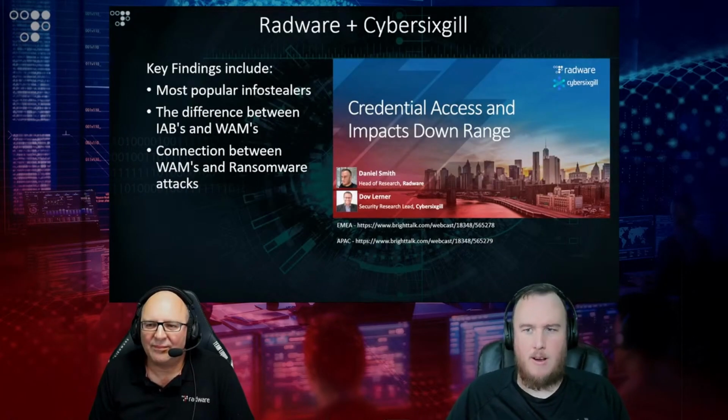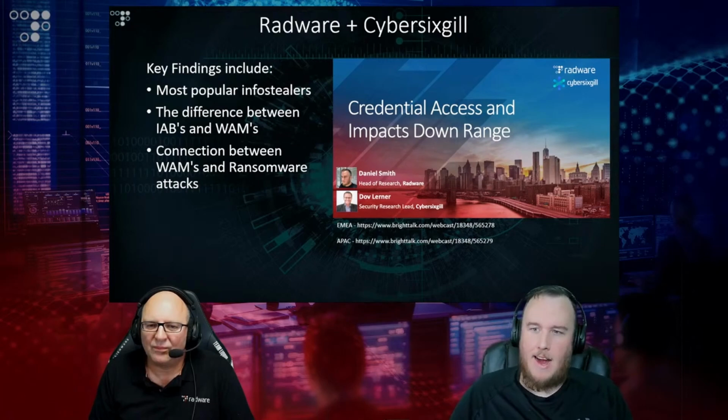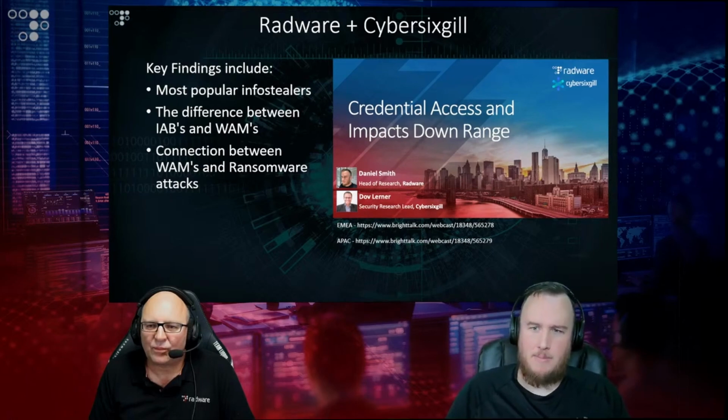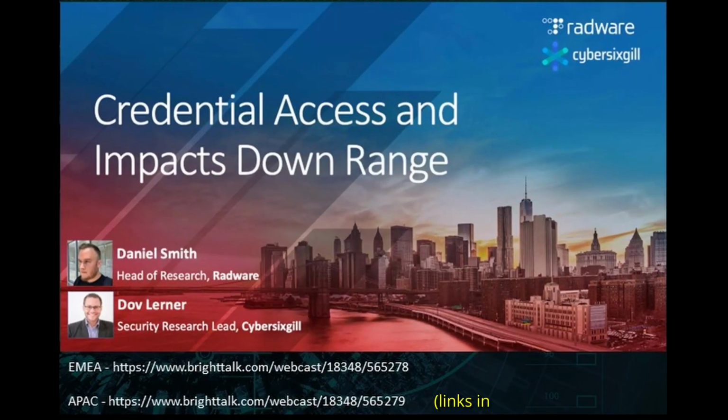If you want to find out more about these information stealers and the impacts that they have downrange, like ransomware attacks, I highly advise you all to check out this new webinar that we just did with Cyber Six Skill. Cyber Six Skill is an amazing intelligence platform, but specifically Dov Lerner, their security researcher from Six Skill, dives into the most popular information stealers.